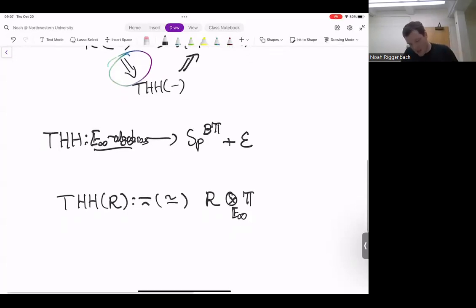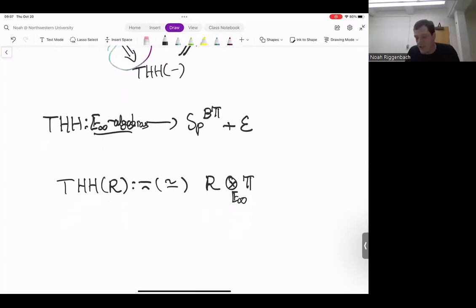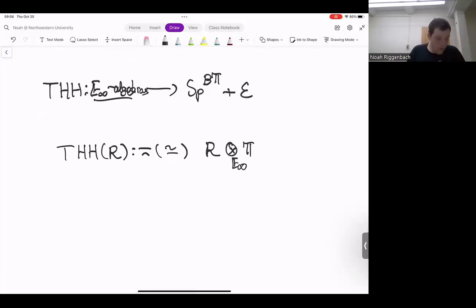If you haven't seen this before, what does this mean? One way to think about this is that you can build up spaces just using points and homotopy co-limits. What this tensor operation is doing is saying, take some representation of your space as co-limits of points, replace the points with R, and replace the co-limits of spaces with the co-limits of ring spectra. So here's one model for the circle.